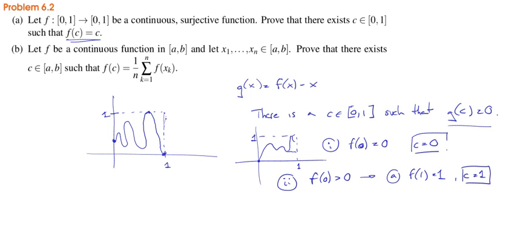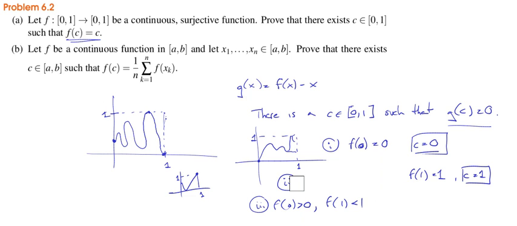Because then we have a function that goes to 0, and at 1 it's equal to 1. If that's the case, then our c is 1. But then the third possibility is that f of 0 is greater than 0 and f of 1 is smaller than 1. So what happens then?